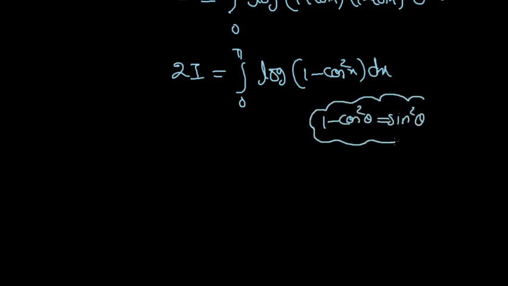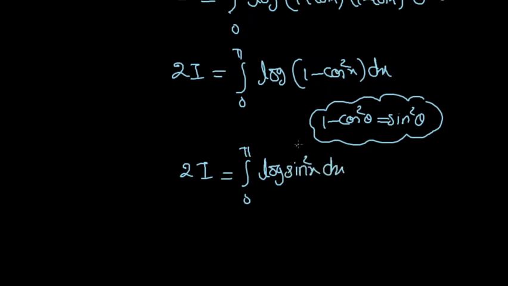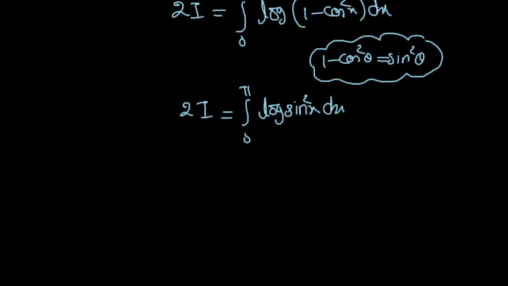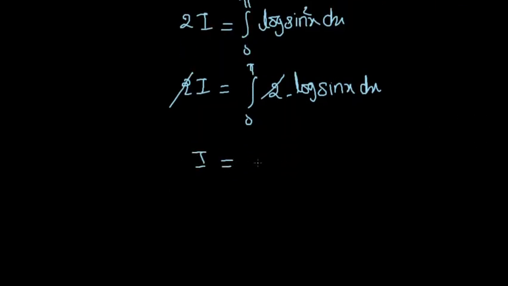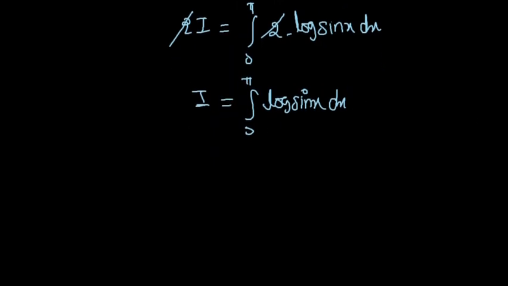So 2I is equal to 0 to pi log sin square x dx. Power 2 goes in front because of log, so 2I is equal to 0 to pi 2 log sin x dx. The 2 cancels, so I is equal to 0 to pi log sin x dx. So what am I supposed to do here?